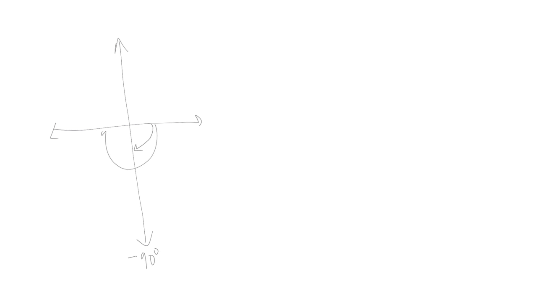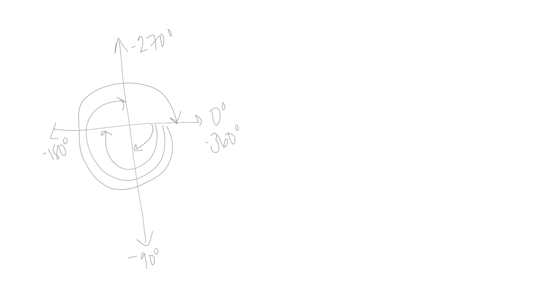From here to here is going to be negative 180 degrees. From here to here is going to be negative 270 degrees. And from here all the way to here is going to be negative 360 degrees, but also remember that that's also 0 degrees. So if I wanted to sketch the angle negative 120 degrees, I have to first figure out what it's in between.